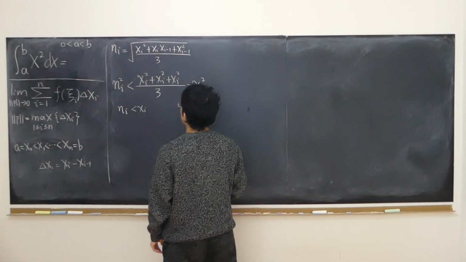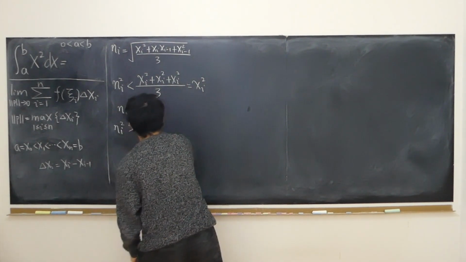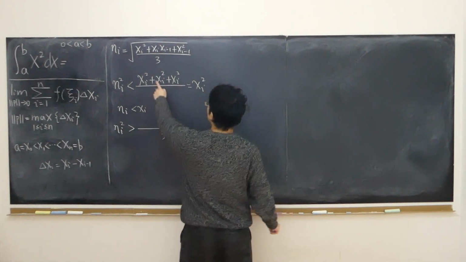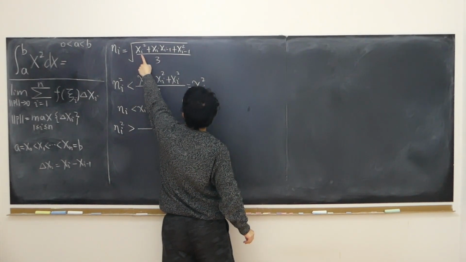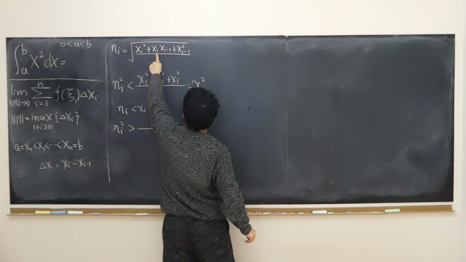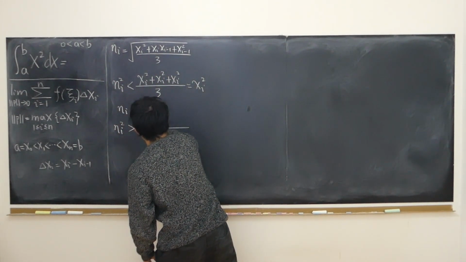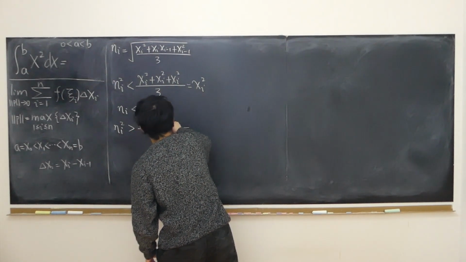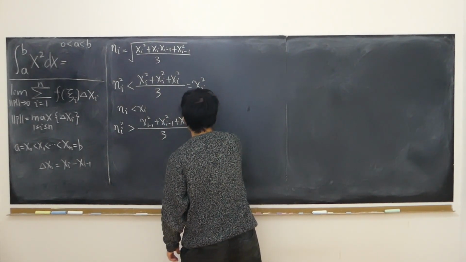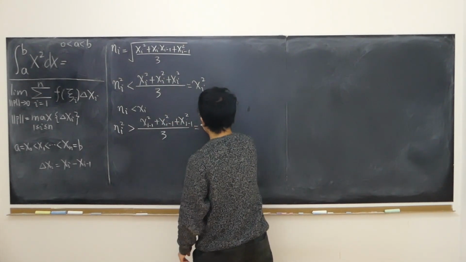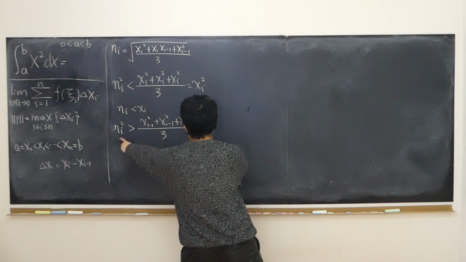Now I'm going to show that eta_i squared is larger than a third of, I'm going to make it smaller by replacing x_i with x_{i-1}. So everything is smaller now. I have x_{i-1} squared plus x_{i-1} squared plus x_{i-1} squared, which is equal to just x_{i-1} squared, given that both are positive.